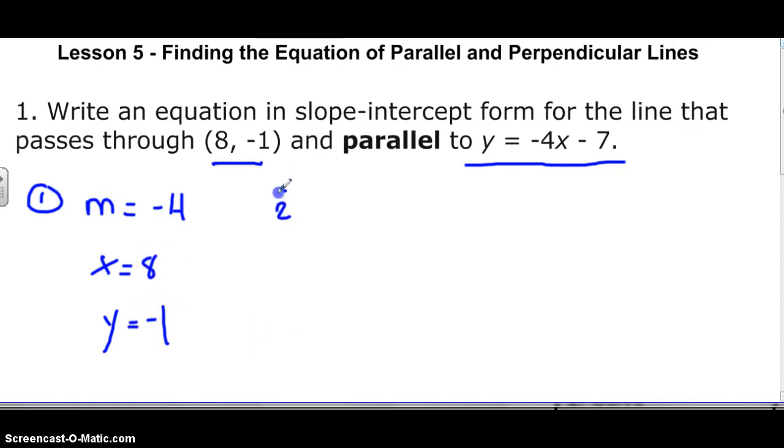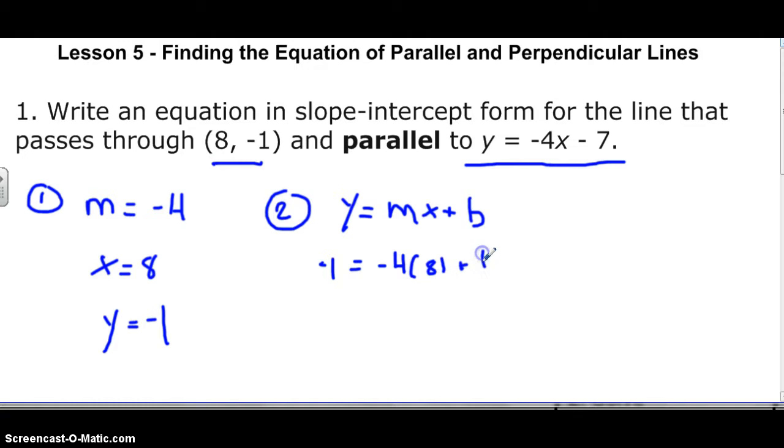Your second step is to write out just the formula for any line, and that's y equals mx plus b. You always just write this down. Now what you're going to do is substitute in this information and solve for b. So if I know that the y has to be -1, the slope has to be -4, and the x has to be 8, but we don't know the b, we just plug that all in.